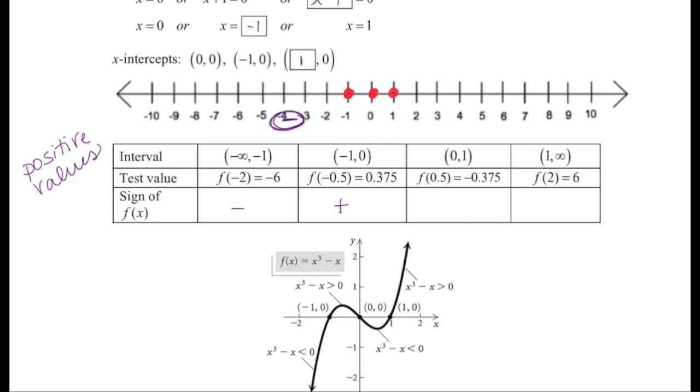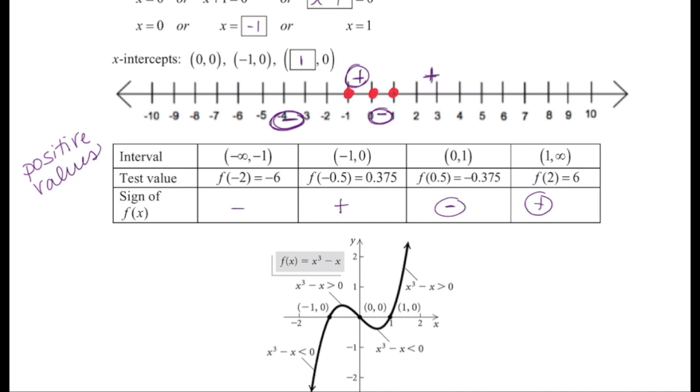So between negative 1 and 0, we are positive. Between 0 and 1, I'm going to select half, which ends up with a negative value when I substitute. So here is a negative value. And then between 1 and infinity, when I substitute in 2, I end up also with a positive value. So between here and here, I have a positive value.